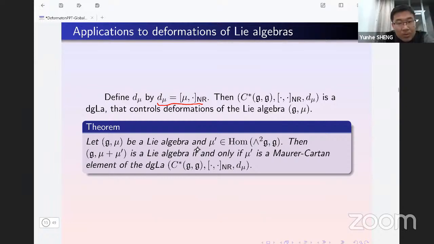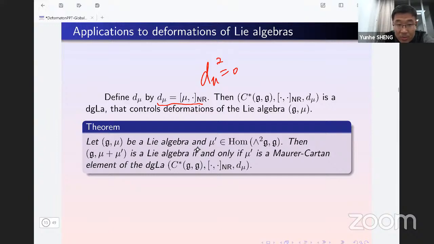So then we can define d mu by this formula, which is the inner derivation by mu. Since the bracket of mu and mu is 0, it follows that d mu square is 0. And by the Jacobi identity, d mu is a graded derivation. Then C star GG together with this Nijenhuis-Richardson bracket and d mu is a differential graded Lie algebra.